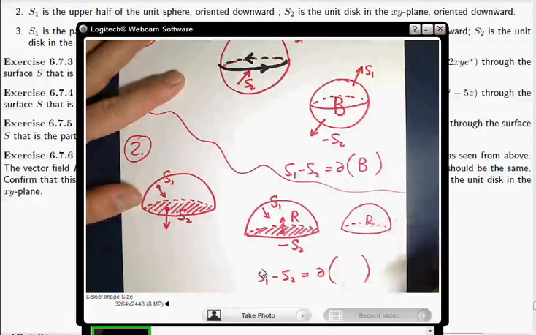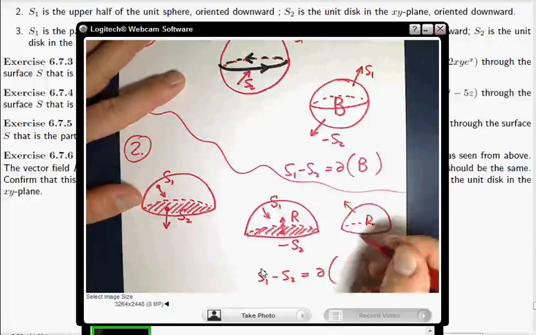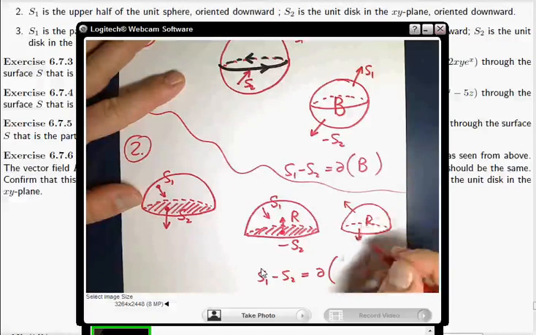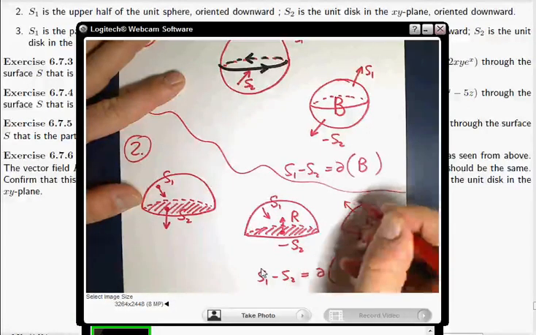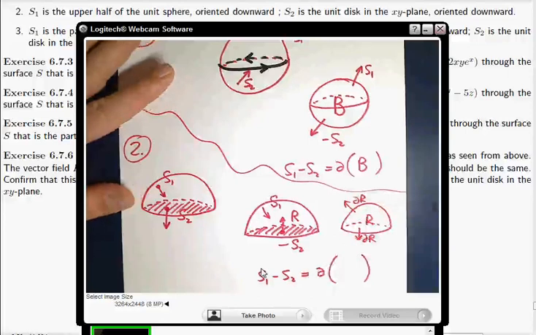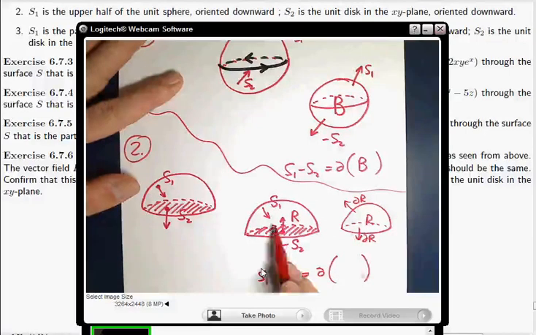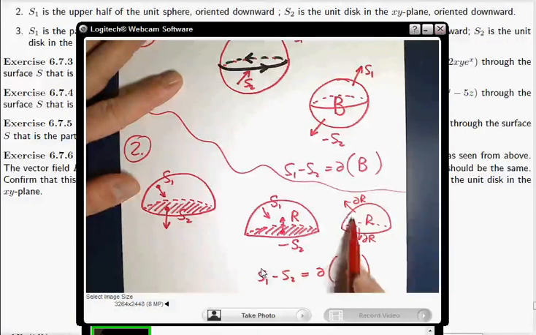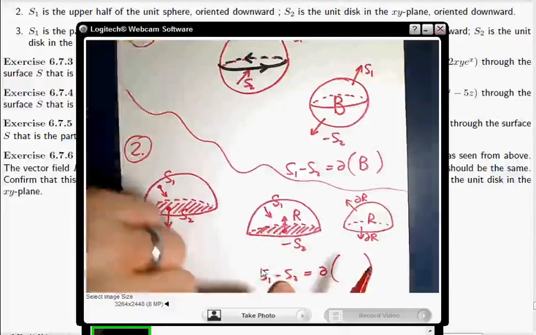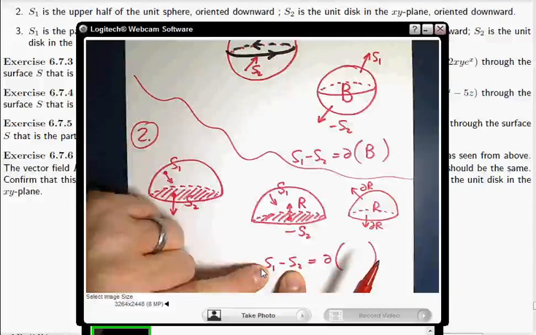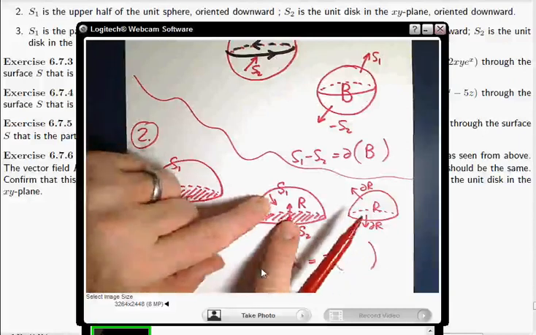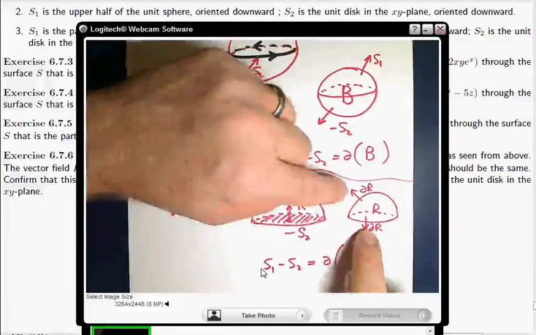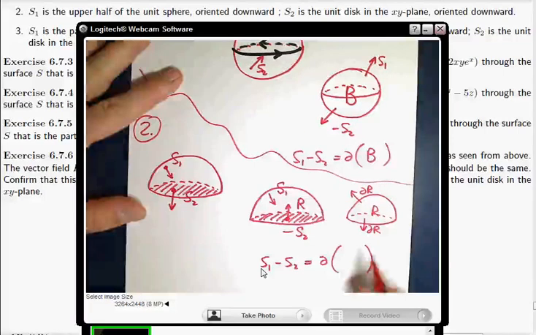If R is on the inside there, the boundary of R has to be oriented outward like so. This is how the boundary of R is oriented. So set-wise, the boundary of R is S1 and S2, but with the orientations as we have them written here, both of these orientations are the exact opposite of what the boundary of R's orientations are. So R is not the right thing. It's negative R.